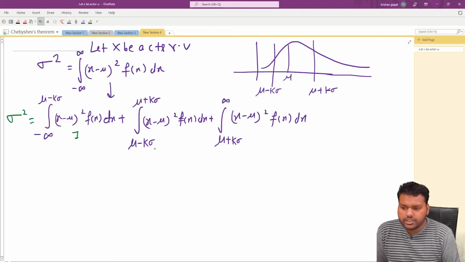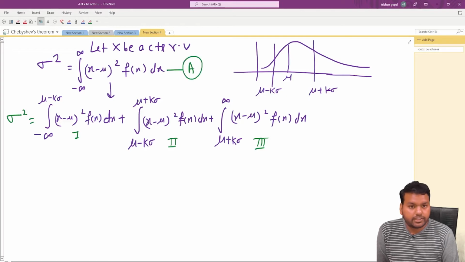So this is the first part, this is the second part, this is the third part. I break this integration, which is capital A, into three parts.